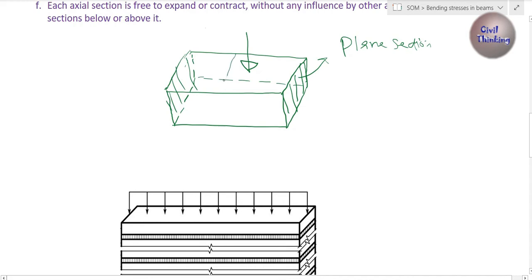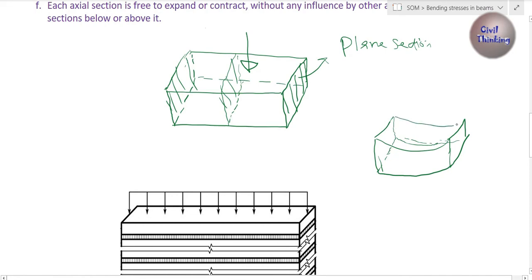and if you draw another section here, for example, this section is plane also, and when you bend it, it will bend something like this due to load, right?